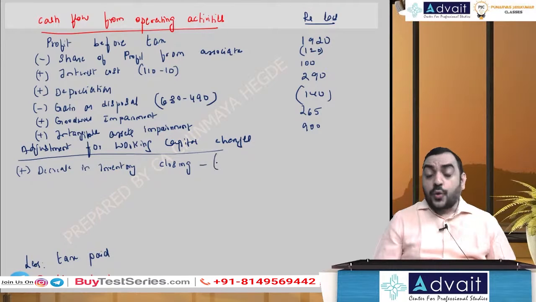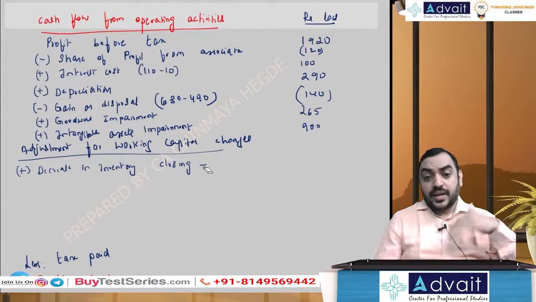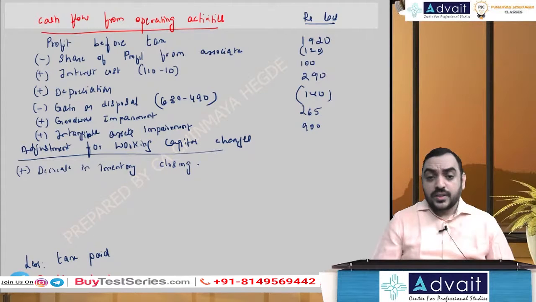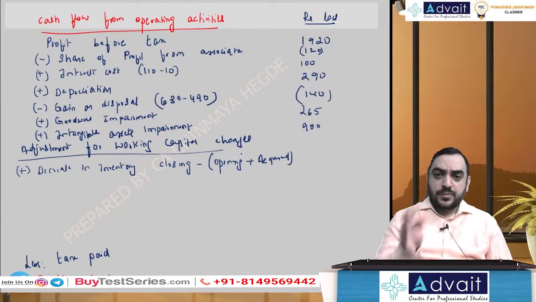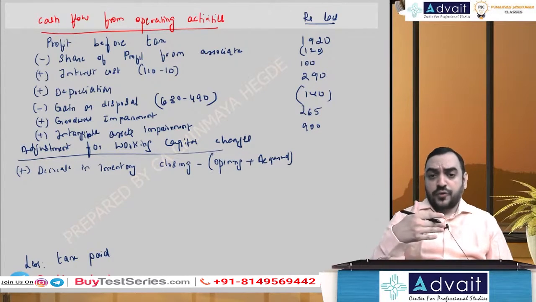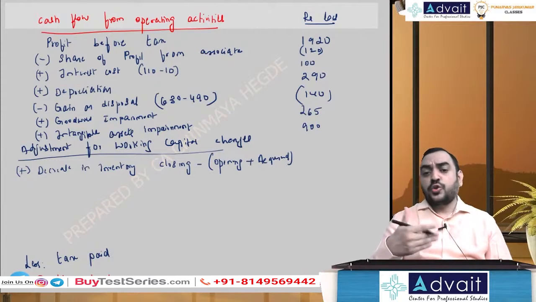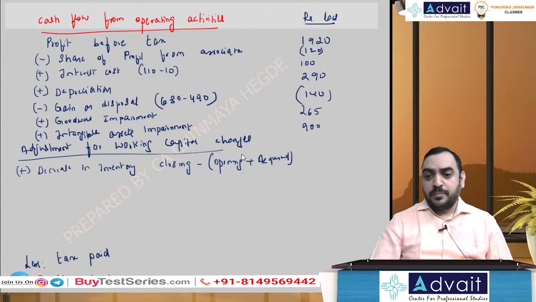Now in that opening balance, you can add what is acquired or you can subtract in the closing balance. Both are same. So for the opening balance you can add, or for the closing balance you can subtract. Both ways impact is same.